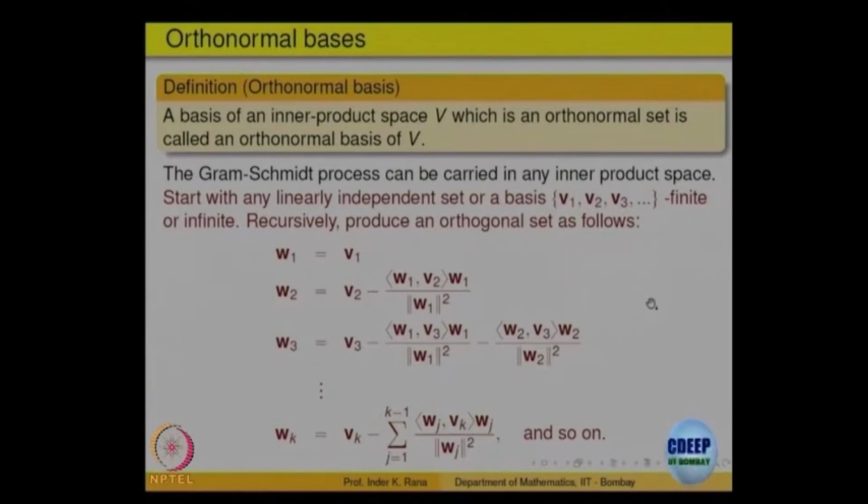So, for any k you will get an orthonormal set which spans the same thing, but I cannot say that if I define all the W's, the space spanned by them will be the same as that spanned by V1, V2, and so on. I do not know that. You understand what I am saying?